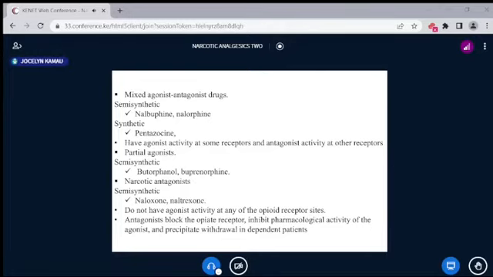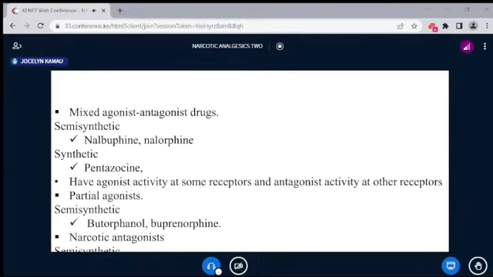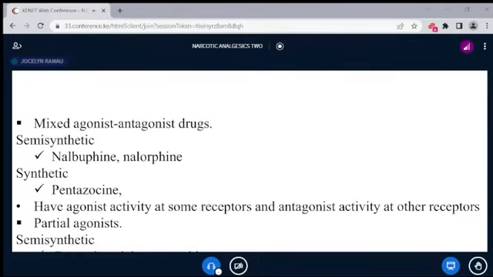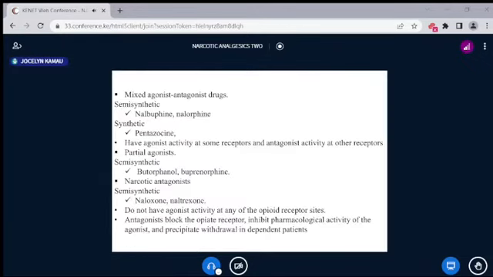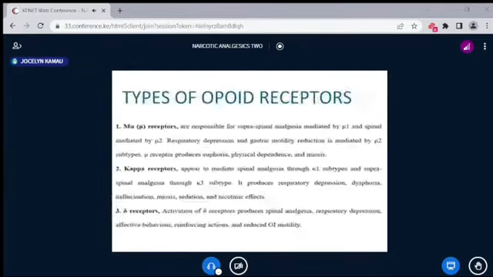So last time we were looking at the narcotic analgesics. We will continue on the same. Let me get the slide where we got to. I think we were able to get up to slide around 22.